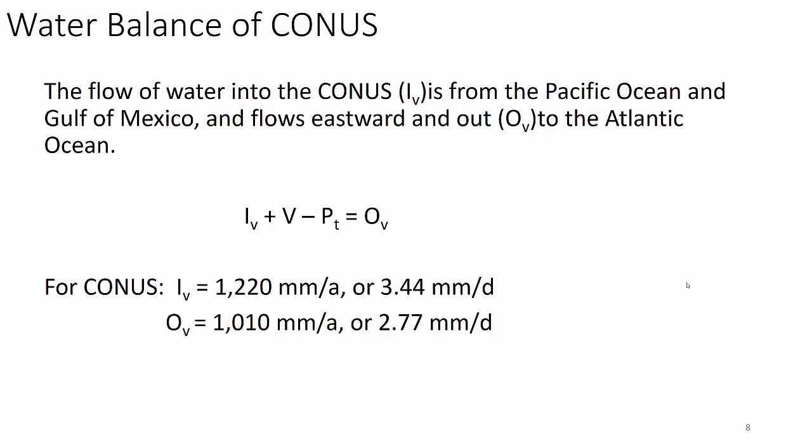For the continental United States, inflow from the oceans is about 1,220 millimeters per year, or 3.44 millimeters per day. Outflow is about 1,010 millimeters per year, or 2.77 millimeters per day. The difference, 0.7 millimeters per day, is what stays on the land. Not much.